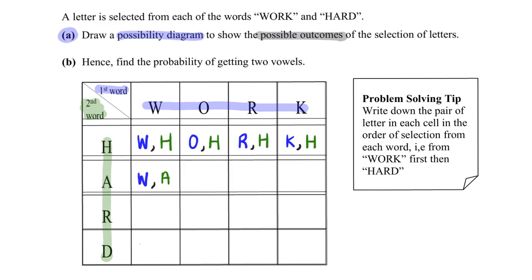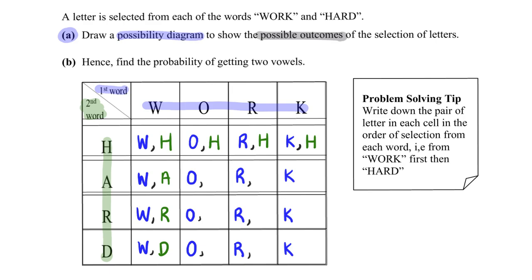So eventually you can see that for this whole vertical column, the first letter is W, this will be R, and this will be D. This one, the first letter is O. For this particular column, the first letter is R, and this is K. And now the second letter, you can see what Mr. Tan is going to do.